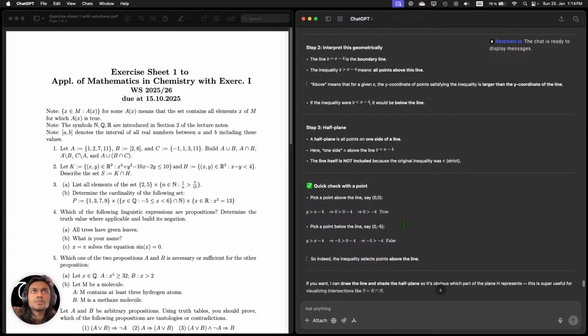Oh, okay, we got some. Quick check with the point. Pick a point above the line, say 0, 0. Y greater than x minus 4. So if x and y are 0, 0 is greater than minus 4. Okay, that's true.